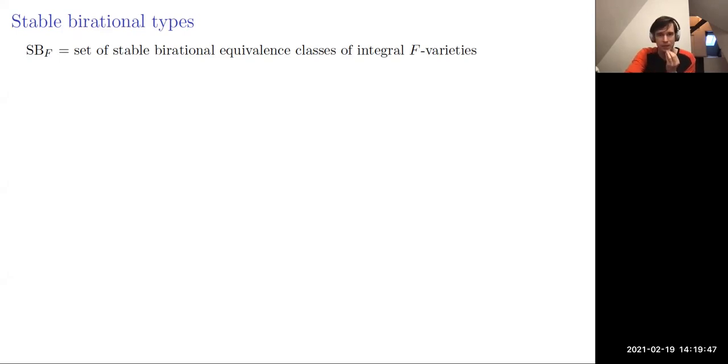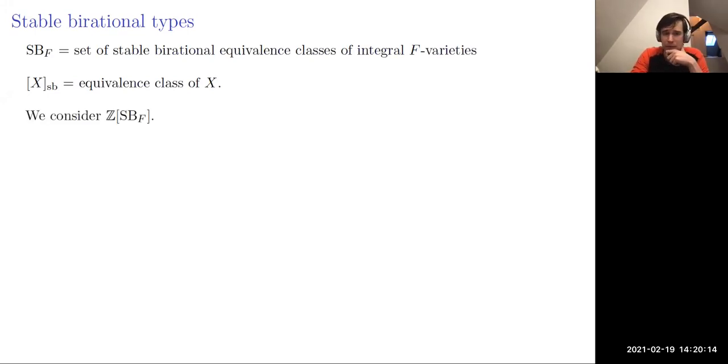Okay, so basically we have function fields over F. And for each X, we denote by [X]_SB the equivalence class of X. So it's an element of this set.